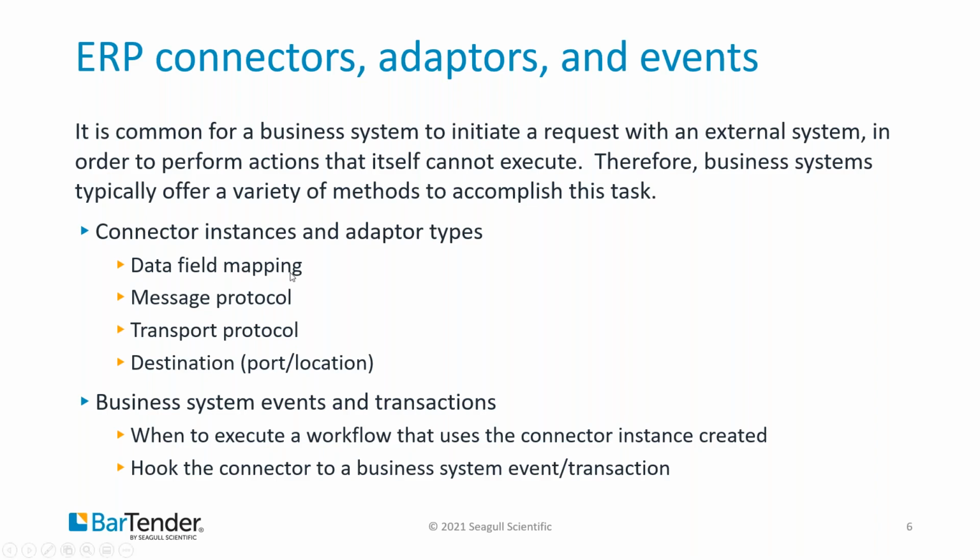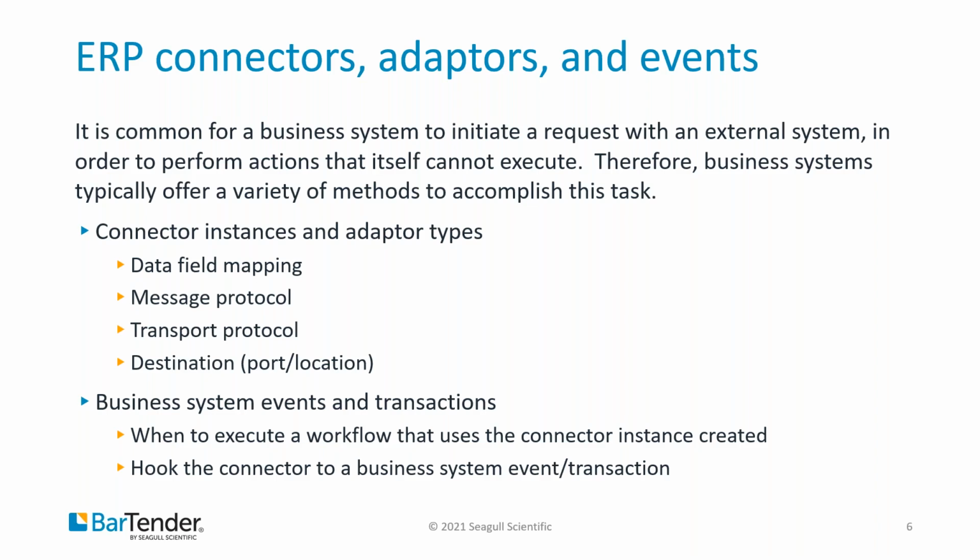So all of these different items would be configured as part of your connector instance. The adapter type would say, I'm outputting a file and I'll map these fields. The data will be in this format and I'm dropping it into that folder. All of those properties combined make up a connector instance.